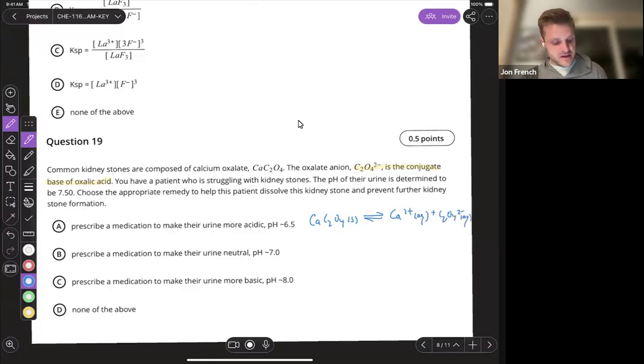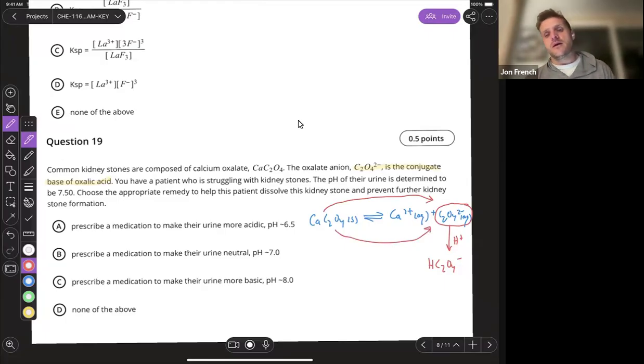If oxalate behaves like a base, that tells me that under acidic conditions, I should be able to protonate that and remove that from this equilibrium. So Le Chatelier's principle says, if we remove something from a system at equilibrium, the equilibrium will move in a direction to replace what was lost.